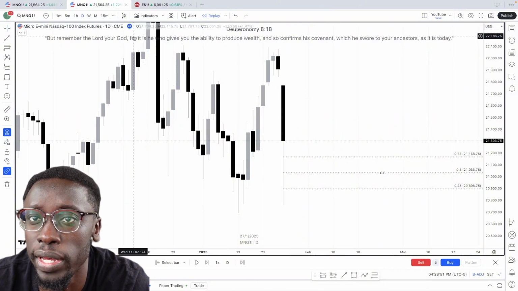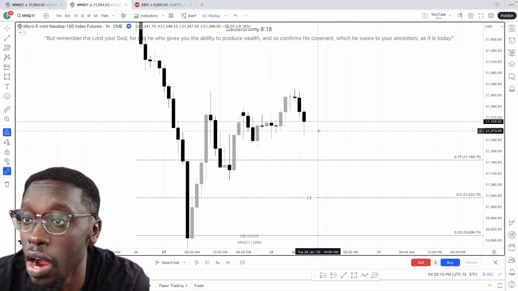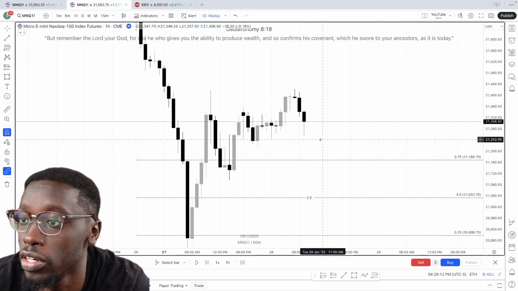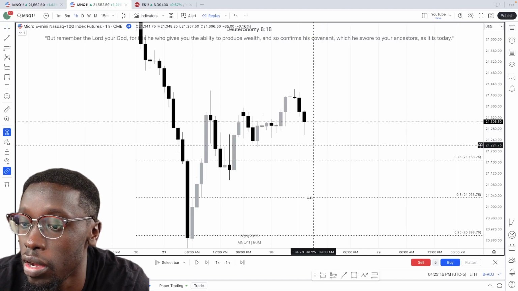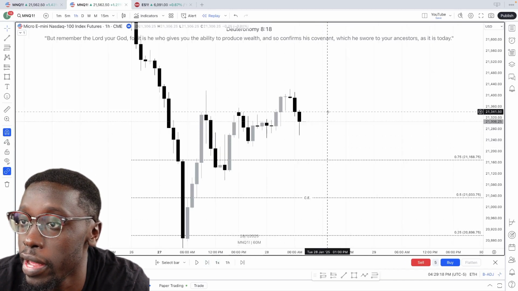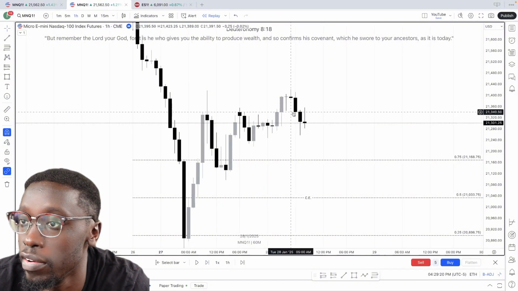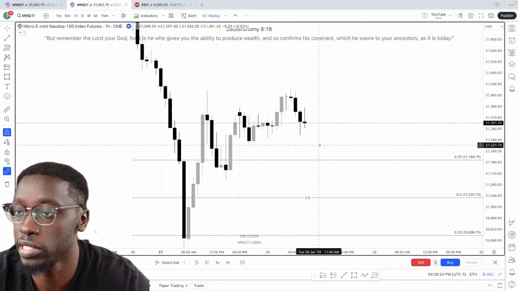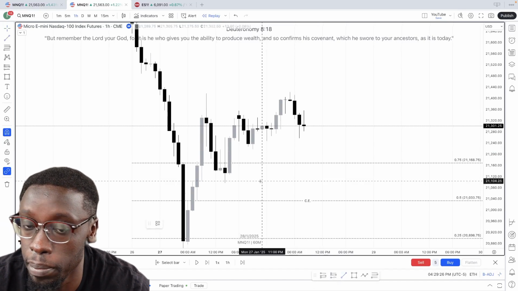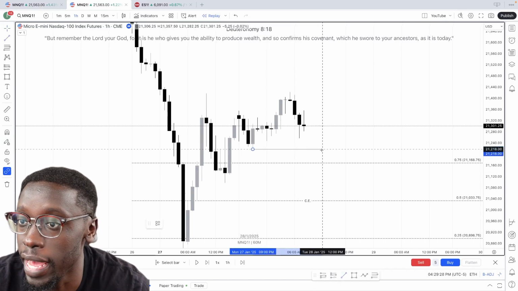So if we go to a lower time frame, here on the hourly time frame, this is how the market looked going into the New York opening session. So you can see that we had quite a bit of liquidity above and below us. You can see here we had some sell side liquidity from the Asia lows, right?